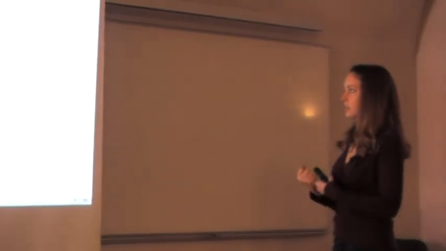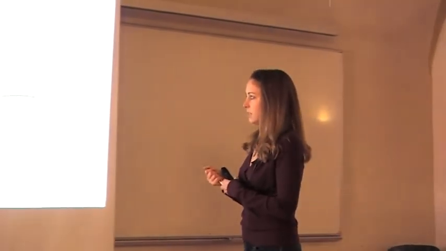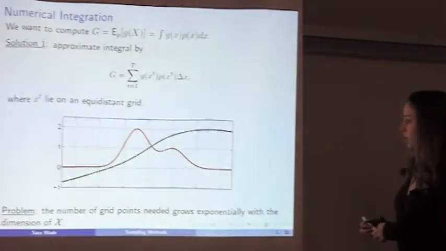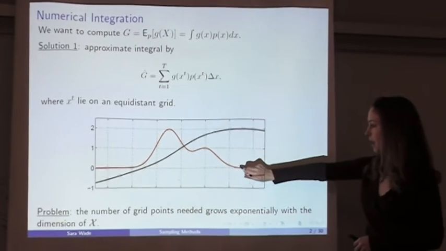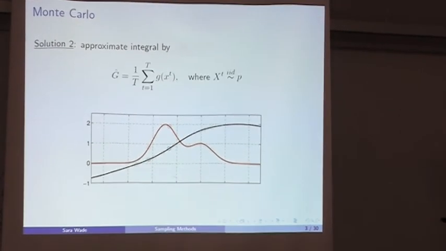So an alternative solution is the Monte Carlo method, which instead of taking a grid of x values, so you can see here that if we take a grid of x values, we get x's which have probability close to 0.